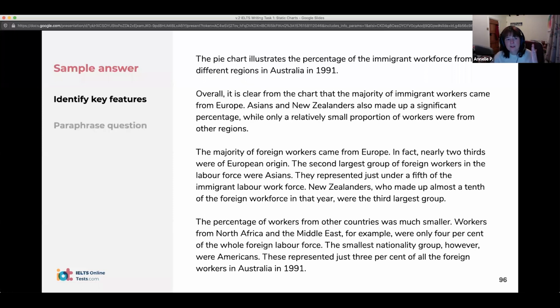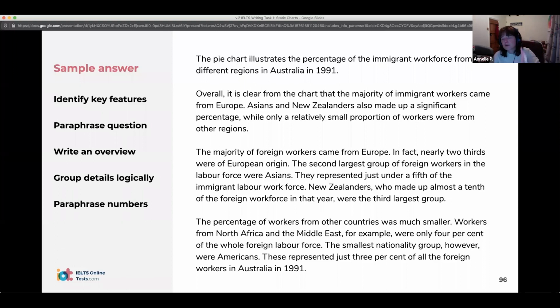So put your key features in your overview. Introductory sentence is simply a paraphrase of the question. Make sure you've got a clear overview, as we talked about before, and make sure that you've got a logical progression going through. Everything should link to what's gone before. So, starting with the largest, moving down to the second largest, ending on the smallest, it's quite easy to make a logical connection between those.